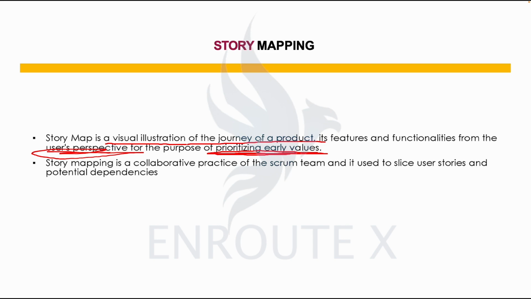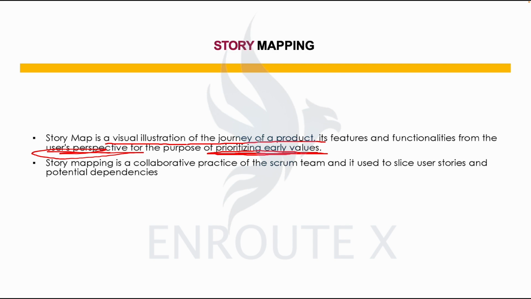Story mapping is a collaborative practice of the Scrum team, and it's used to slice user stories and potential dependencies. So when we do story mapping, it helps us to see what needs to be done first, and to identify dependencies early.